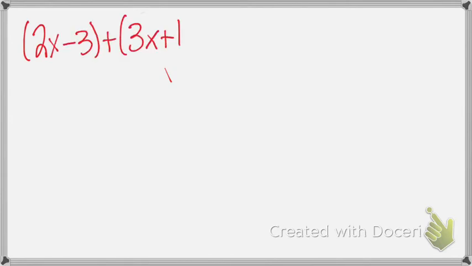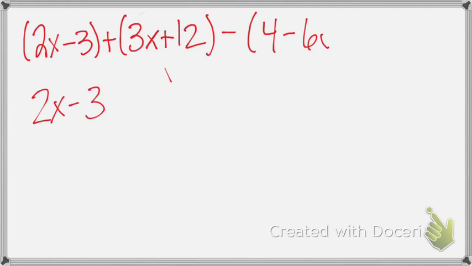What operation? Adding and subtracting. So, could you rewrite the first two parentheses and not change anything? All right, so we got 2x minus 3 plus 3x plus 12.